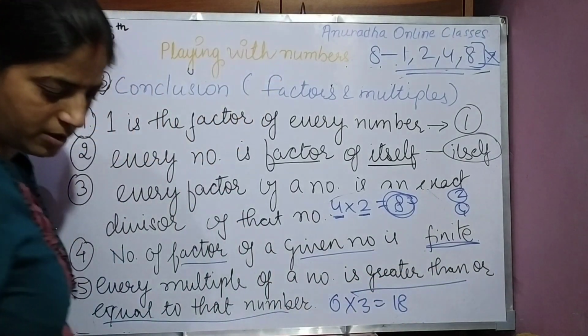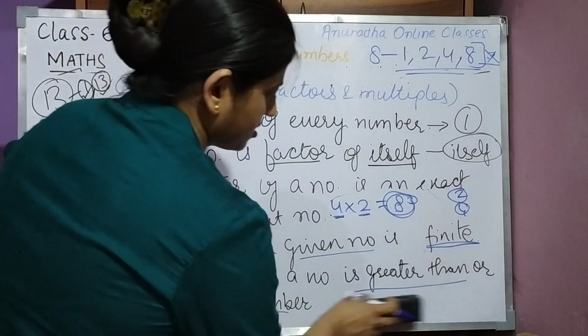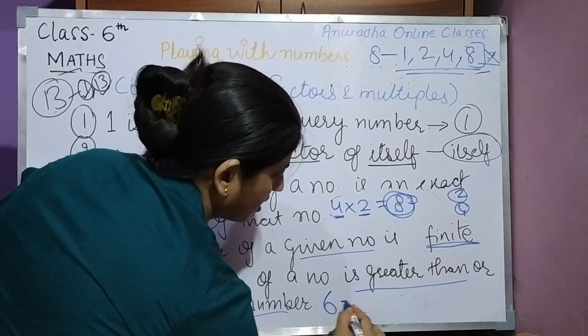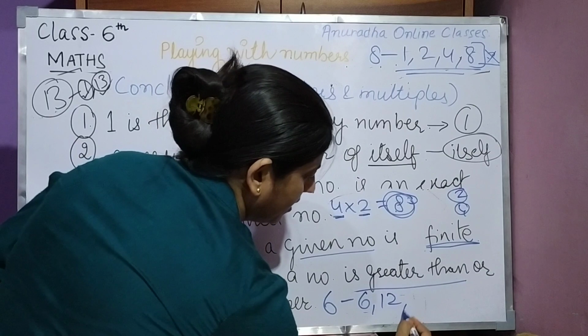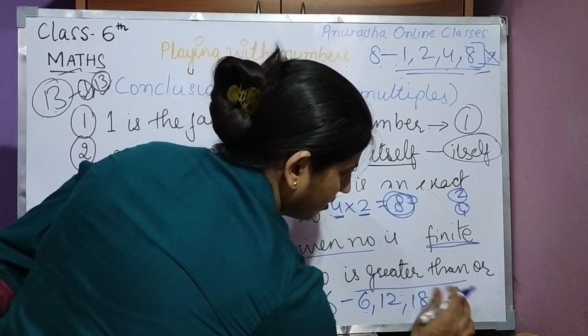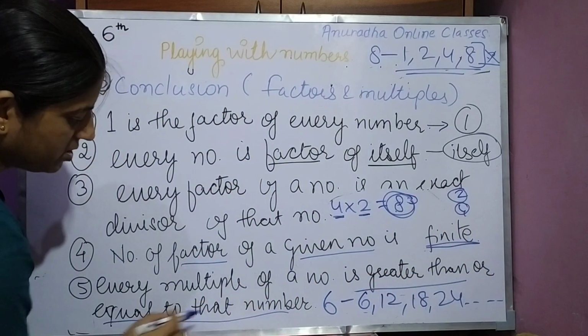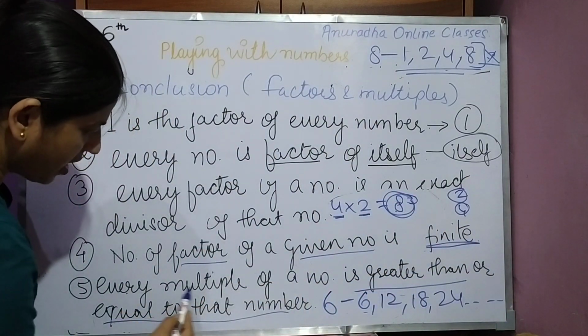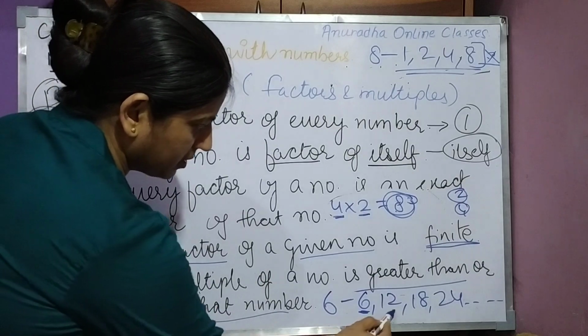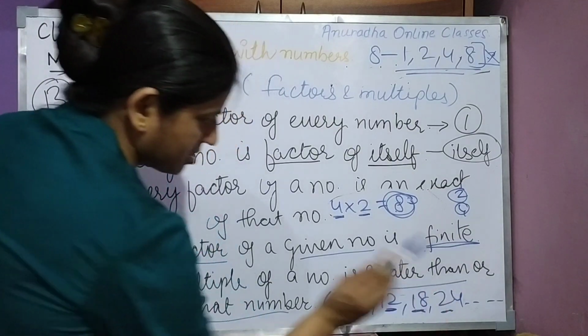Okay, 6 ki table now. What are the multiples of 6? 6, 12, then 6 3s are 18, then 6 4s are 24, etc. What you will see, this is a multiple, this is a multiple, this is a multiple.